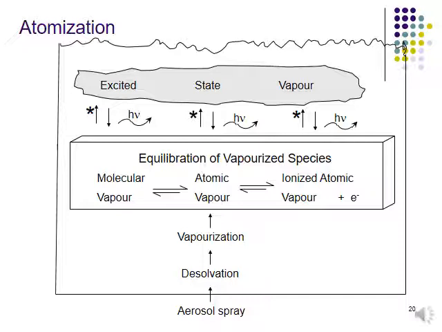So at this stage, we can consider that the process is at the equilibrium state. After the aerosol spray, then dissolution, it will become vapor, then reach the equilibrium state.